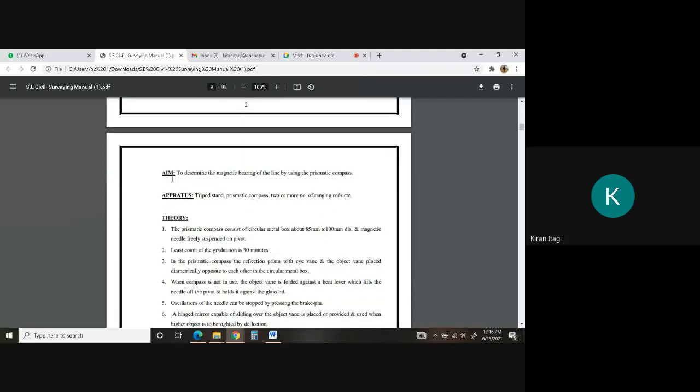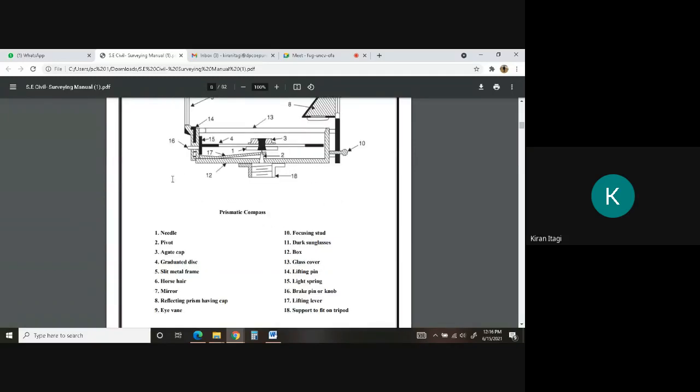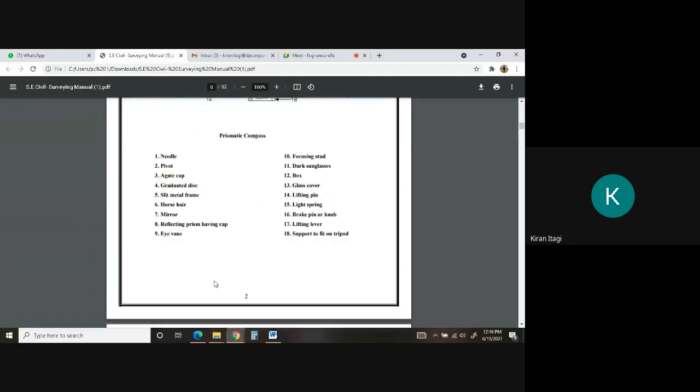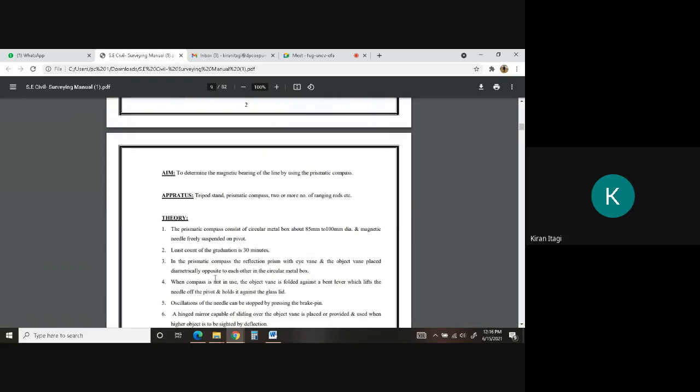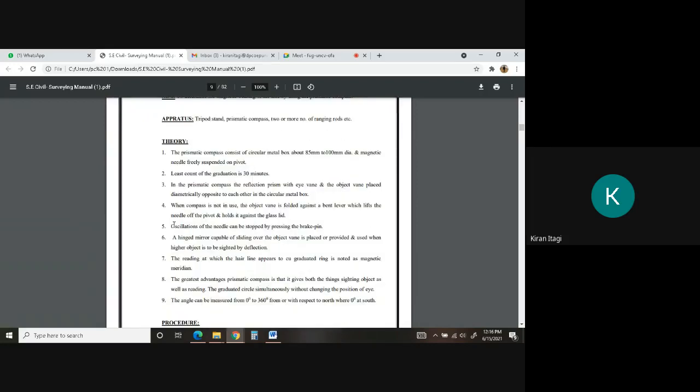If you have taken an unruled book, without rule, then on the left hand side you draw the figure, and on the right hand side you can write these things. Name of the experiment, experiment number 1, name of the experiment, below that aim, apparatus. It is not necessary to write the theory.